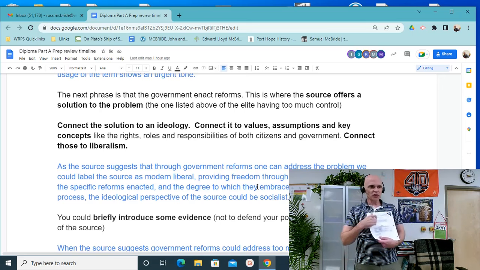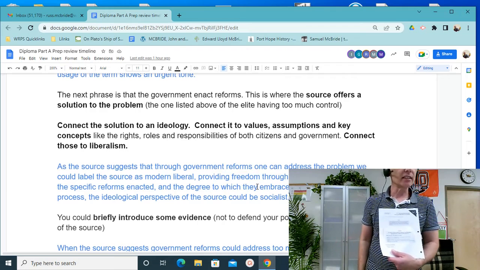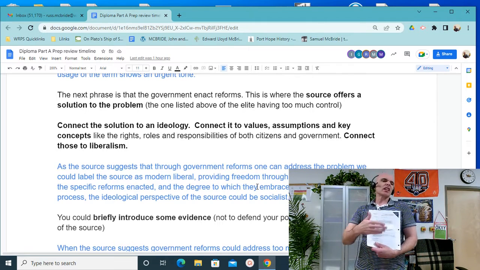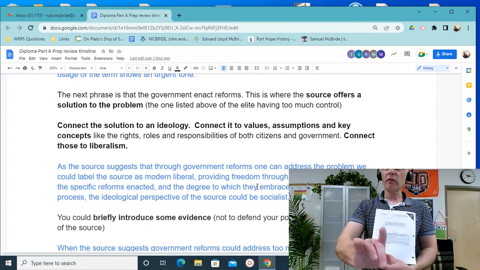So as the source suggests that through government reforms one can address the problem, we could label the source as modern liberal, providing freedom through government. Depending upon the specific reforms enacted and the degree to which we embrace collectivist principles in the process, the ideological perspective could be socialist. But it's not communist because it's saying freedom through government.